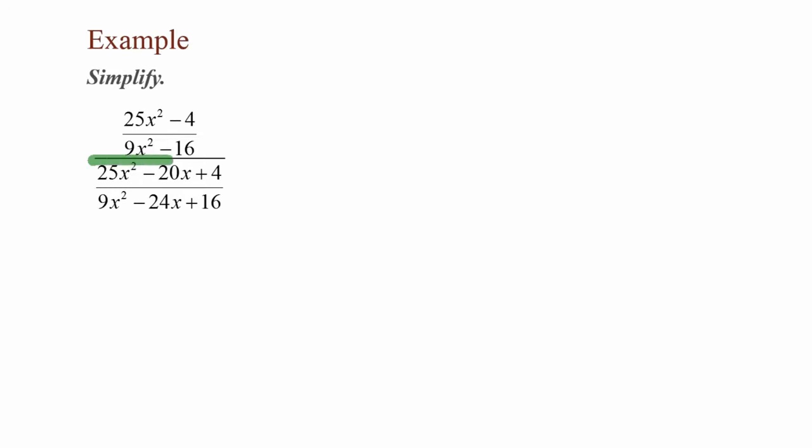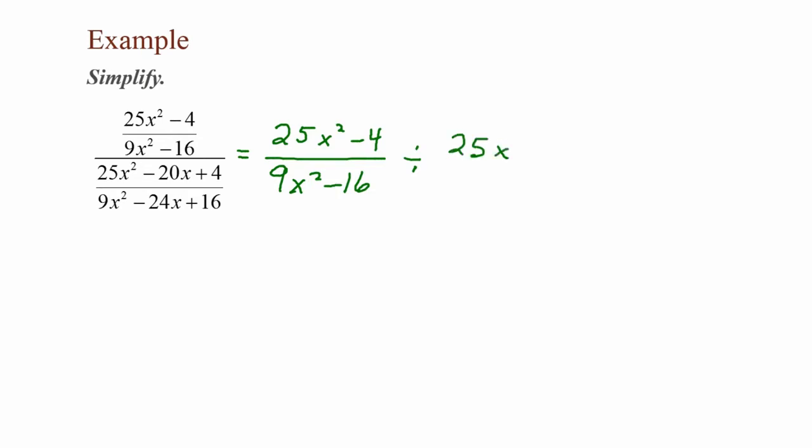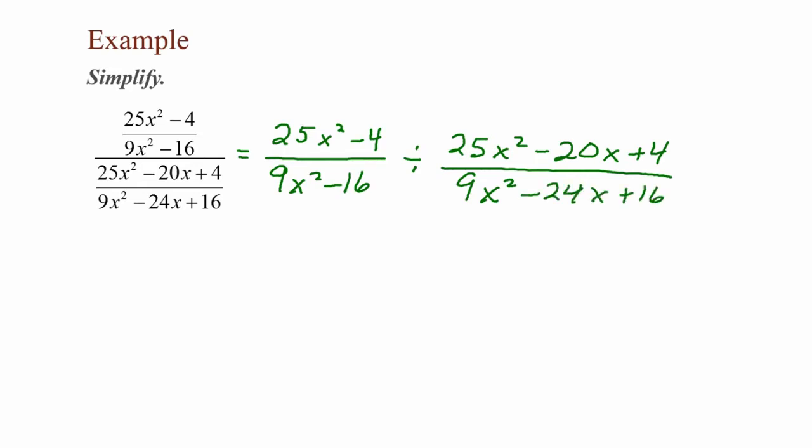I want to translate this fraction bar to a division sign. If you're confident enough, you can go ahead and flip and multiply and factor all in the same step. 25x squared minus 4 over 9x squared minus 16 divided by 25x squared minus 20x plus 4 over 9x squared minus 24x plus 16.